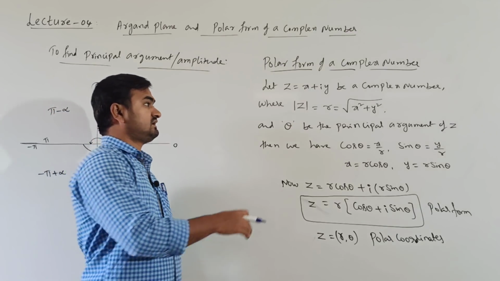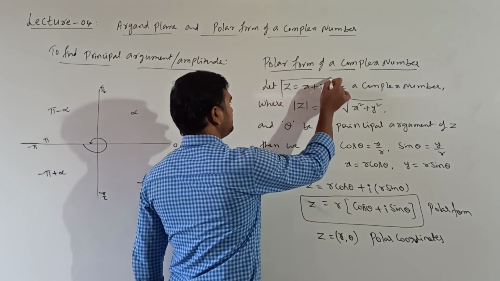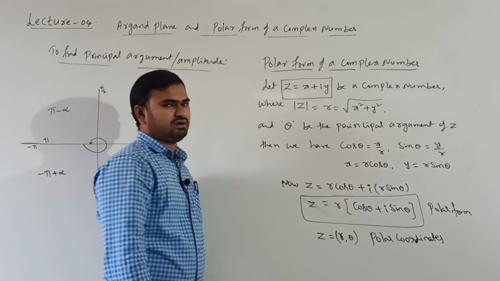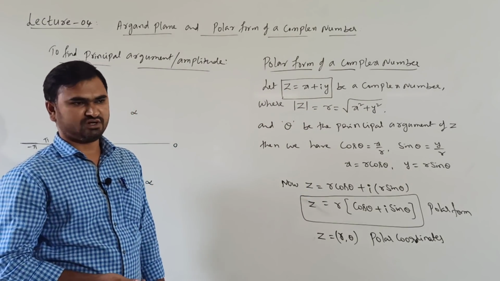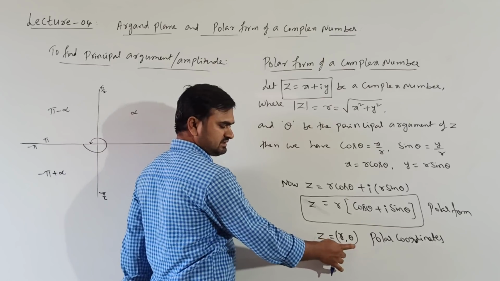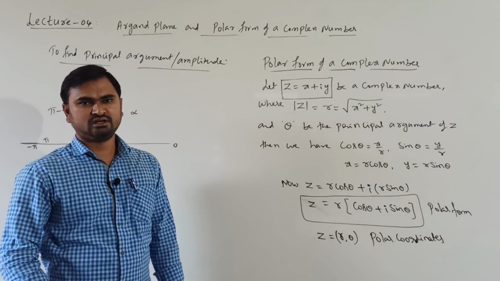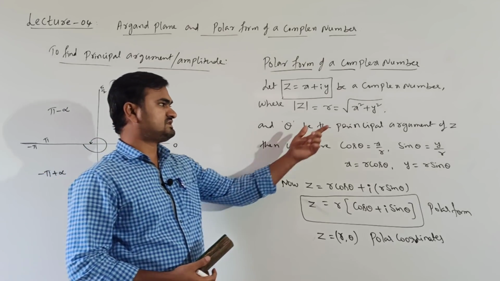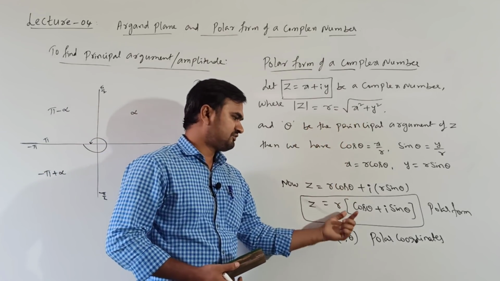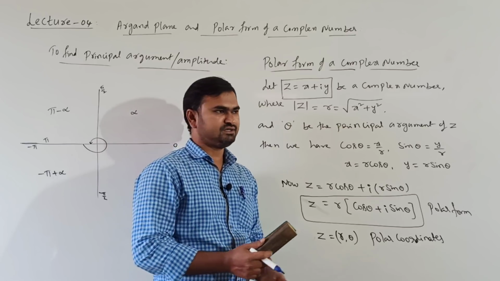Okay. So when any complex number is given, z is equal to x plus iy, to write that complex number in polar form, what we require is r and theta. The r value we know, that is the modulus of the complex number. We have to find the theta value. How to find theta?